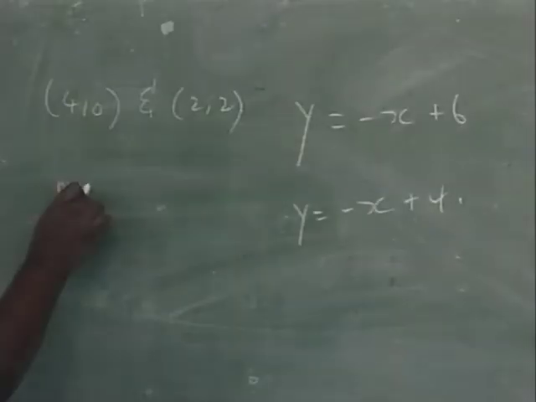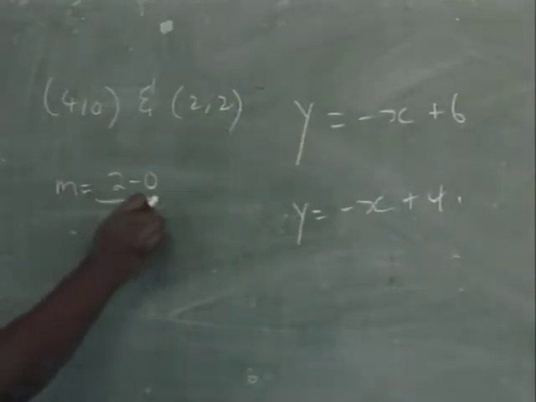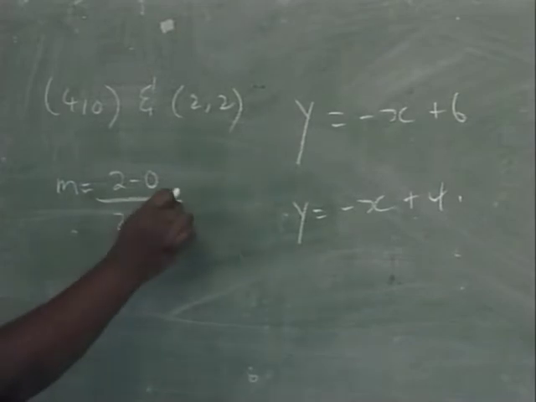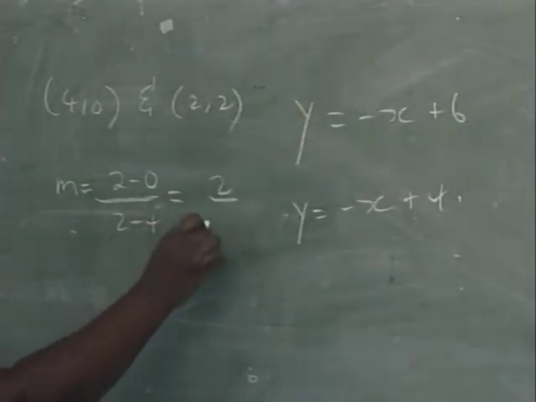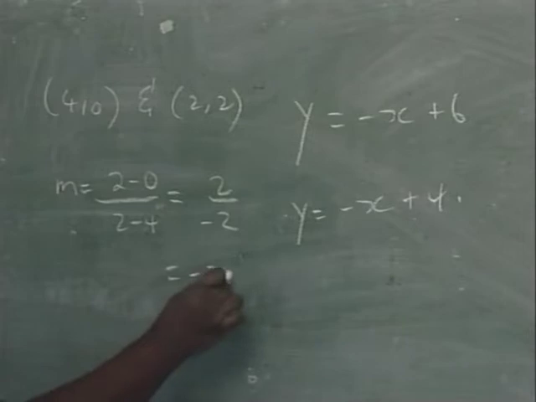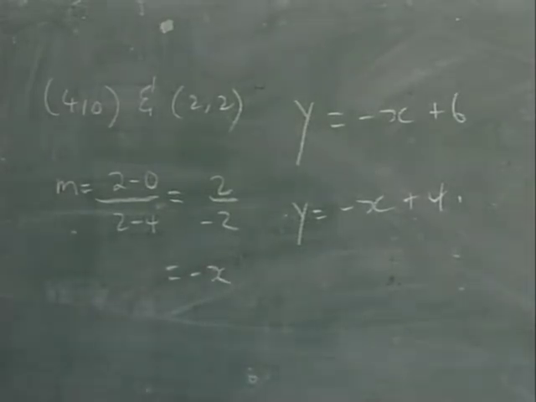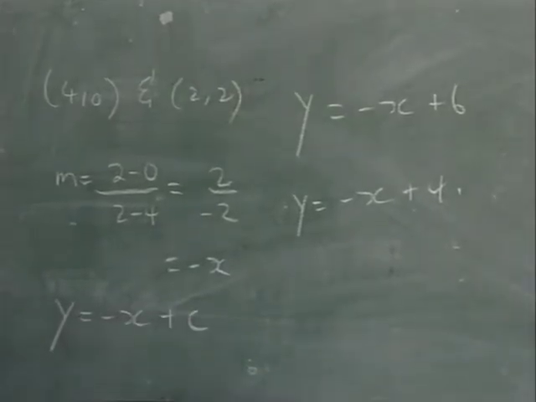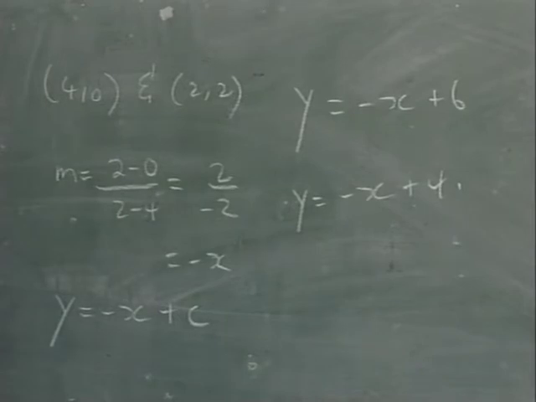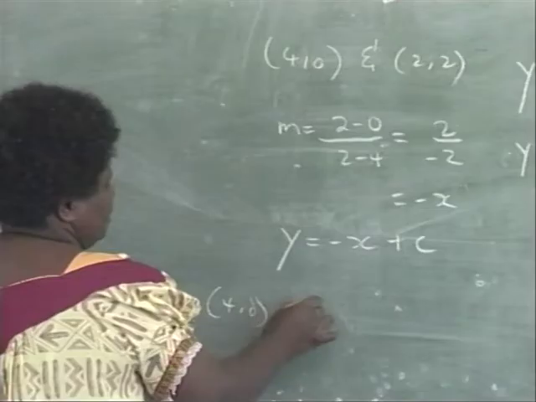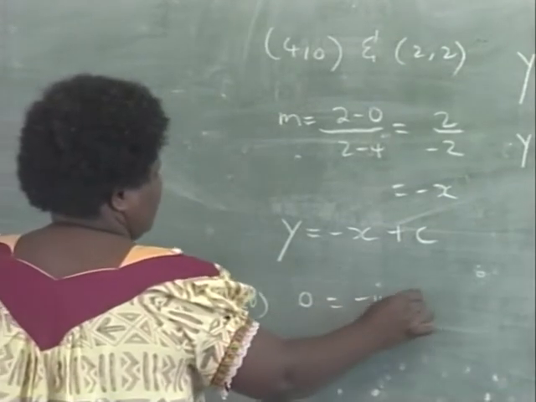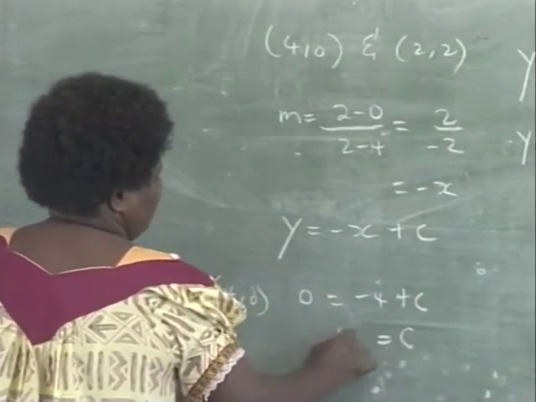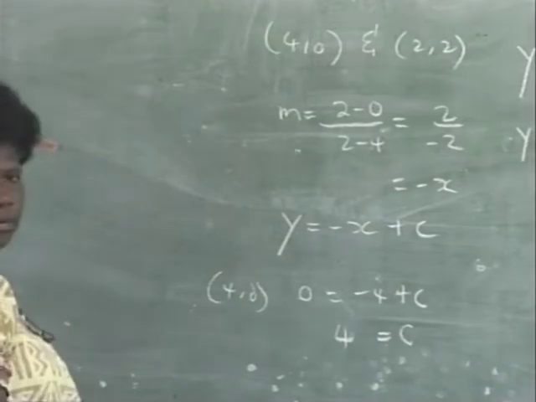The gradient will be 2 minus 0 over 2 minus 4, which is 2 on negative 2, which is negative x. If we substitute the point 4, 0, the equation will then be in this form, y equals minus x plus c. If we substitute the point 4, 0, we will get 0 equals minus 4 plus c. So c will be equal to 4.